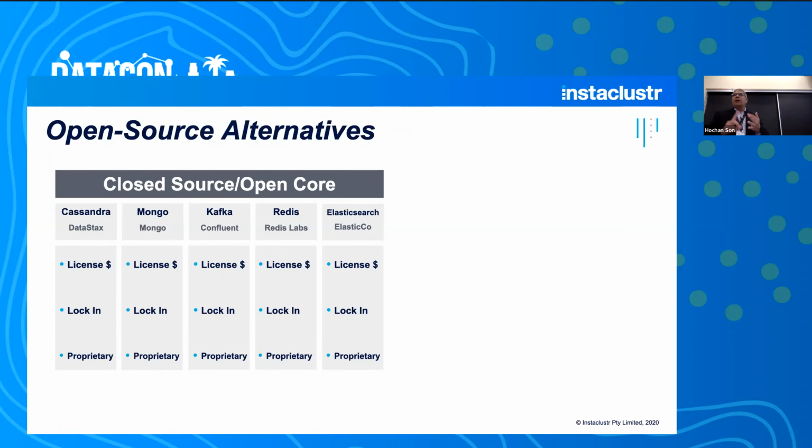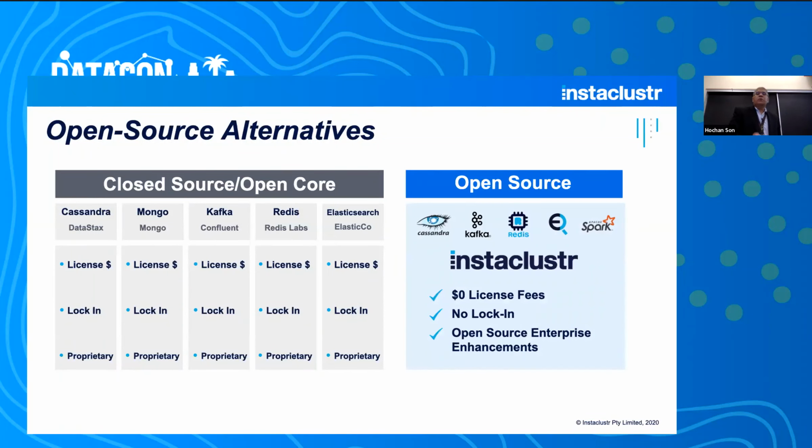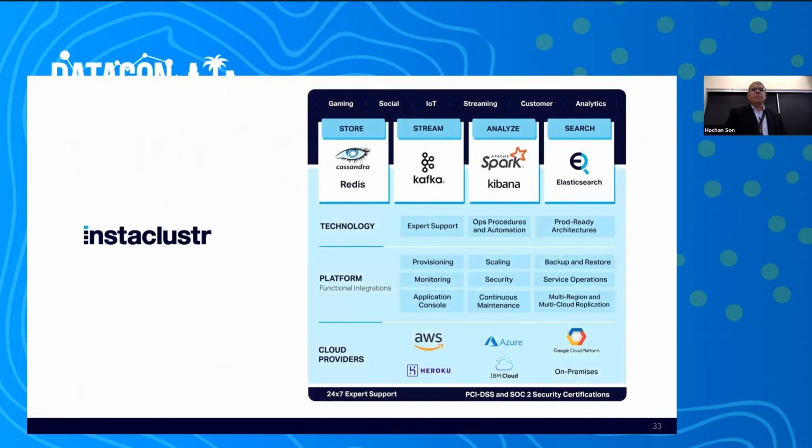They are locked in, and it's mostly proprietary software. But if you use all open source and use Instaclustr for support or managed platform, there is no licensing fee, no vendor lock or technology lock, and you're using 100% open source software. I'm going to skip this.